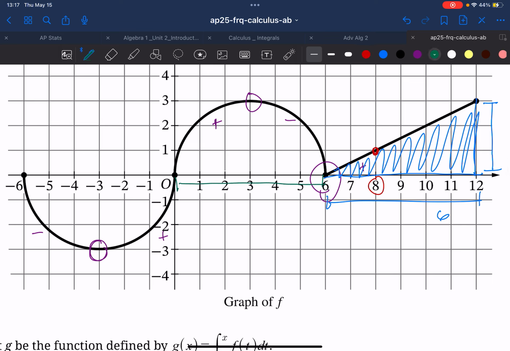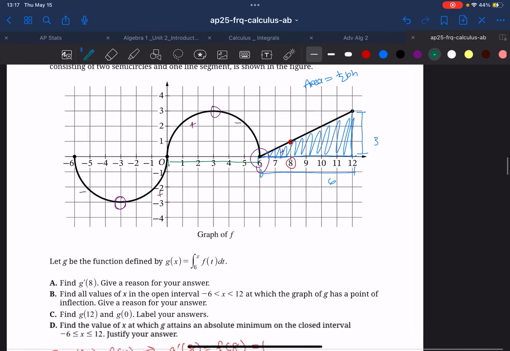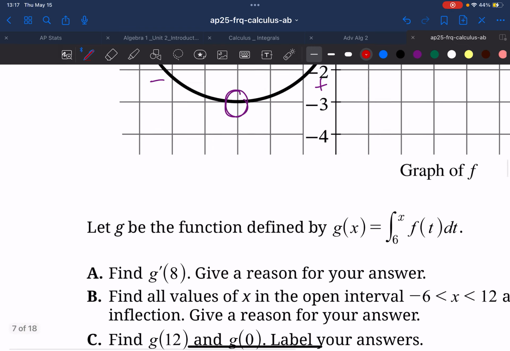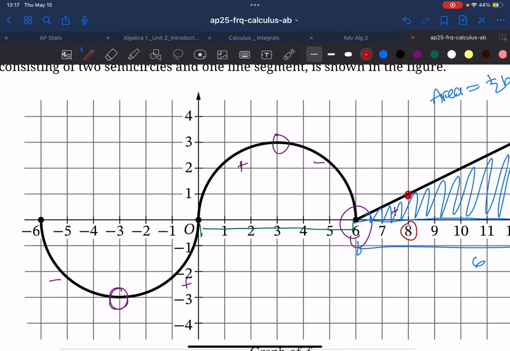But we want to go from left to right, so instead of writing 6 to 0, I'm going to flip it and just change my integral negative. That way I have negative integral of 0 to 6 of f of x dx. Then I'm going to go up here and notice that I'm trying to find the area of this right here.